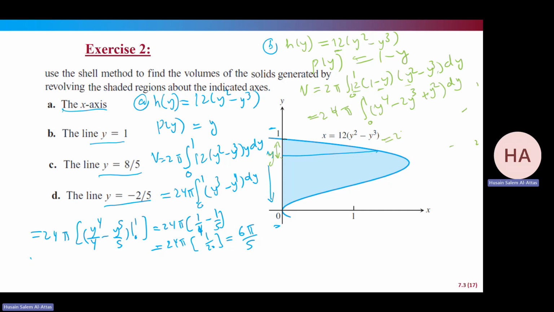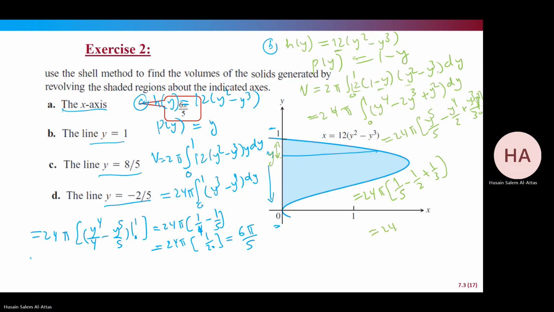Yeah, that will be 24 pi times y to the power 5 over 5 minus y to the power 4 over 2 plus y cubed over 3 from 0 to 1. That gives me what? 24 pi, I have 1 over 5 minus half plus 1 over 3. I think it should be correct now.